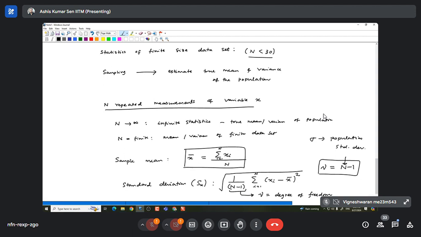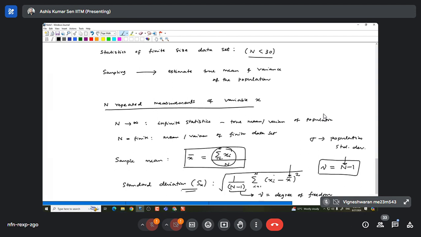But then when you calculate standard deviation, you are using one variable here, that is the mean, which is calculated again from the data set. So the degree of freedom is basically defined as the number of independent scores of data minus the number of parameters used as intermediate steps in the estimation of the parameter itself.